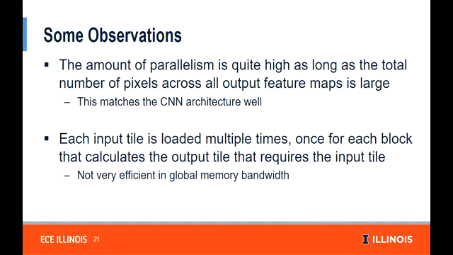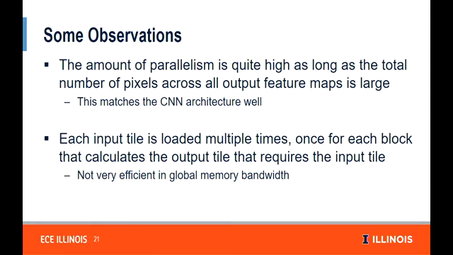Because we're using different thread blocks to calculate the different tiles in each output, they will be loading the input into their shared memory independently. So the input feature maps will be loaded multiple times, once by each thread block responsible for the output tiles that this input contributes to, right?